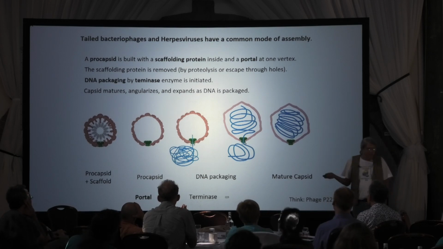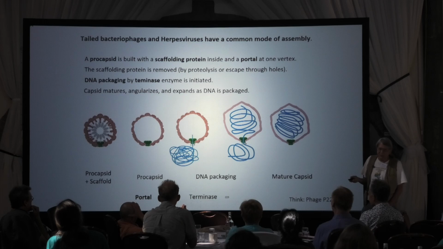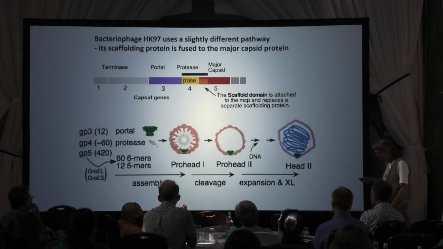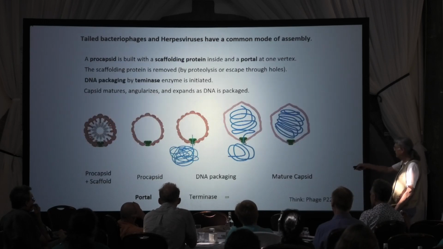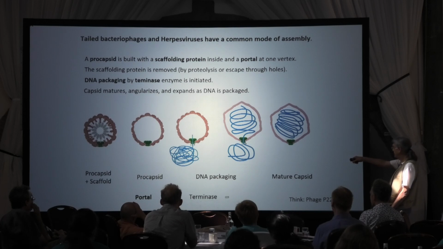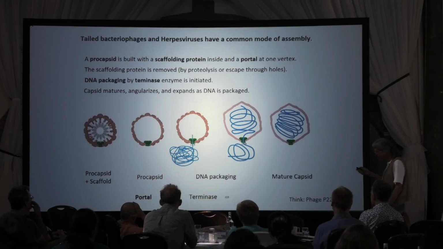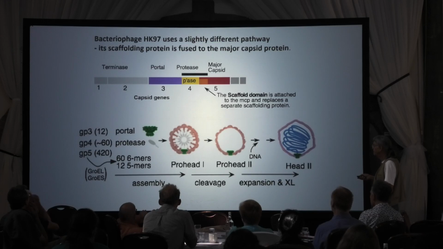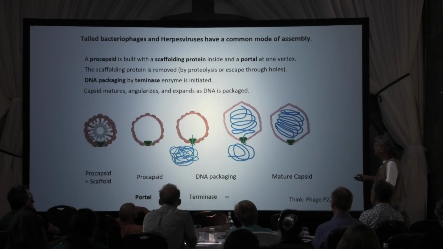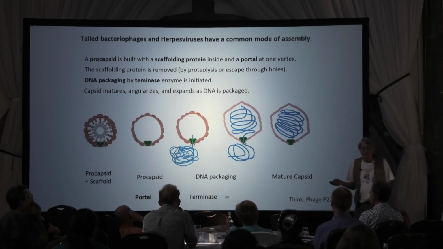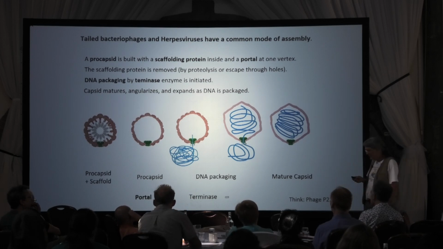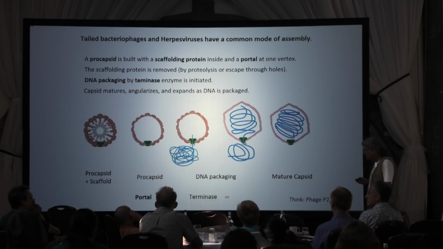So Alexis went over the pathway, and many other people have gone over the assembly pathway. So I will just say, we make a prohead, we make a procapsid. DNA goes in, we get a mature capsid, and all sorts of interesting things happen along the pathway. But I'm going to concentrate on the first step. This is a generic pathway where you could have a separate scaffold protein as opposed to the tethered scaffolding domain that HK97 has.